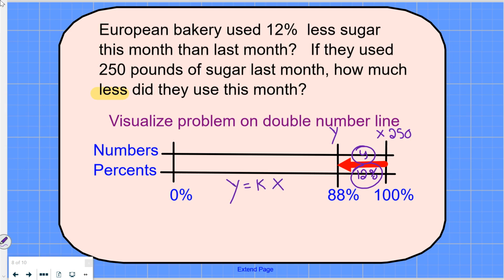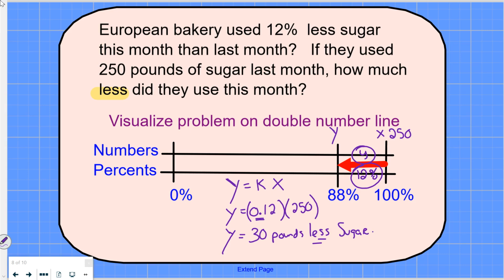I am looking for the number of pounds less. So I'm using the 12% of 250 pounds. And now I can find out that I'm using 30 pounds less sugar because I use the percent less. I hope that helps.